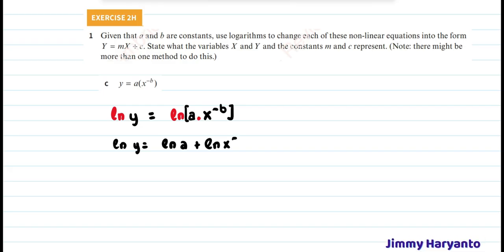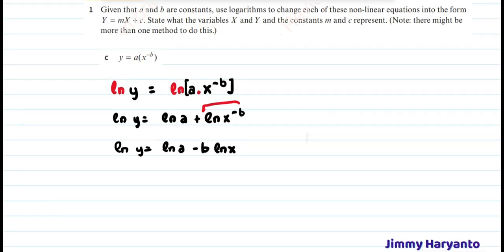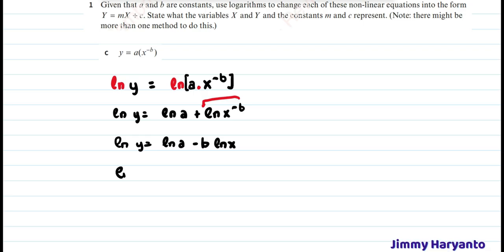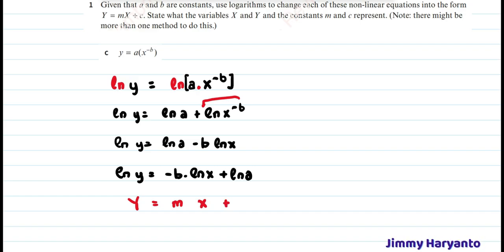So ln a plus ln x to the power of negative b, and then we can use the properties of powers. That means the negative b can be moved to the front like this, and then if we rearrange this, ln y equals negative b times ln x plus ln a, it will become similar to y equals mx plus c.